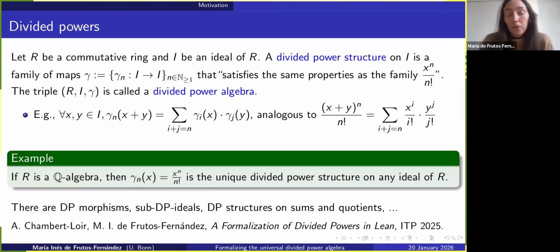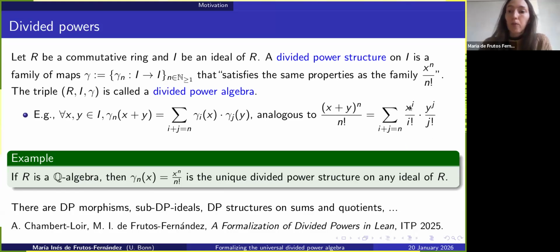I'm not going to make completely precise what I mean by satisfying the same properties, but to give you an idea, when we add up two elements, we have the binomial formula for x plus y to the n. If we reorganize it a little bit so that it doesn't show any binomial coefficients, this is the formula that we get.